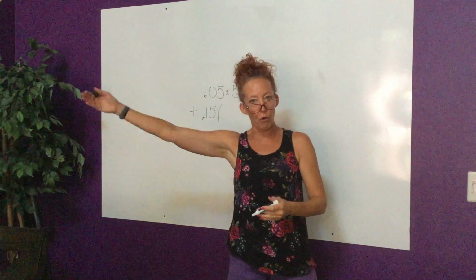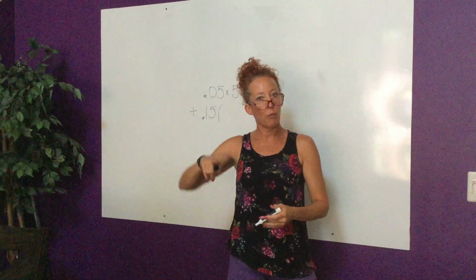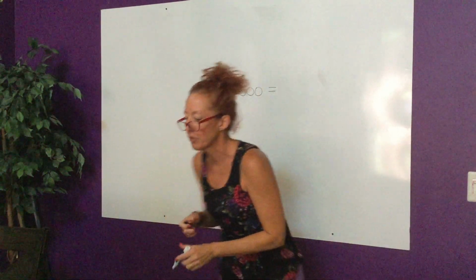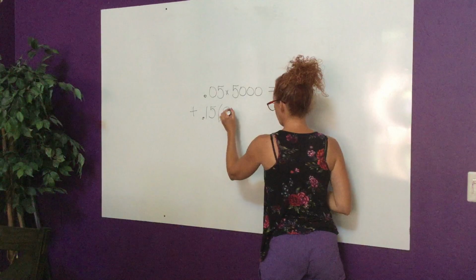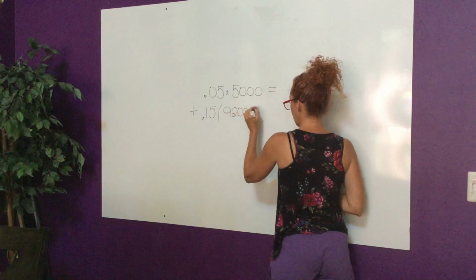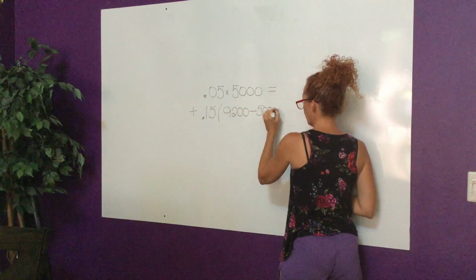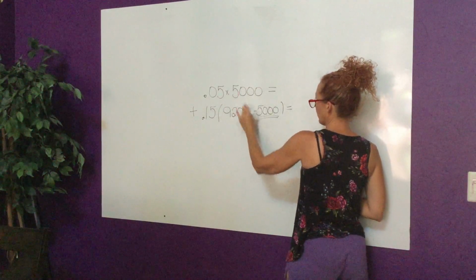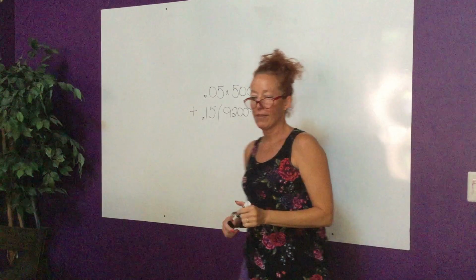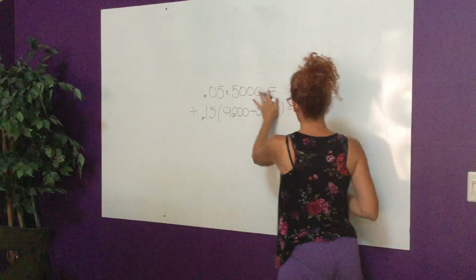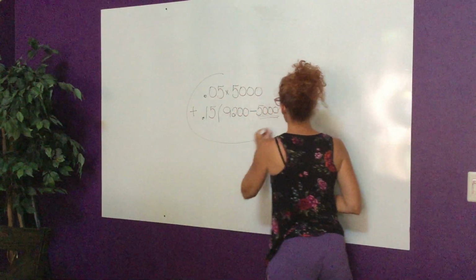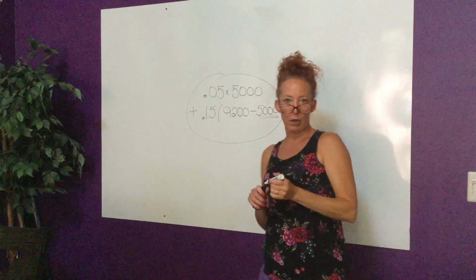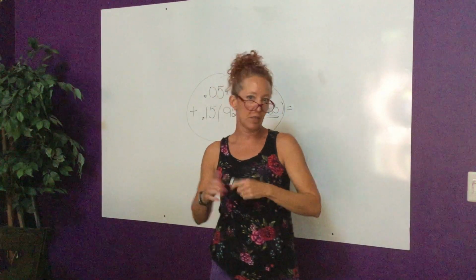So anything over 5,000, which is why we have to subtract his total and the 5,000, because he already got paid for that right here. And so just figure those two pieces out and add them together. Or just have your calculator do all of the work and add them together.